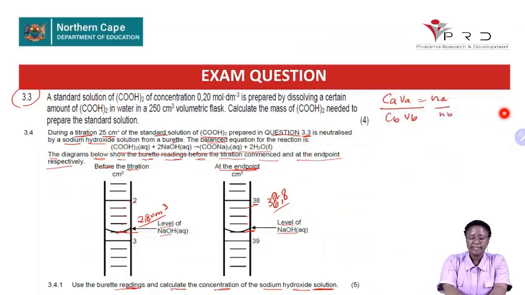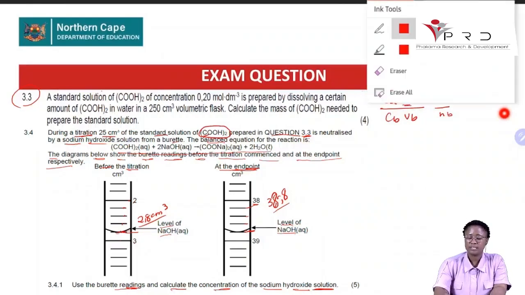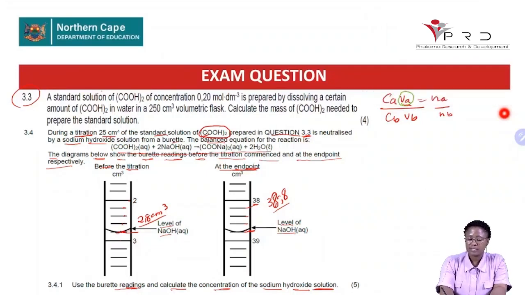Now let's quickly read the information that we are given and see if we can substitute. Here we are given the volume of the acid. During titration, we have 25 centimeter cubed of the standard solution of oxalic acid. The volume of the acid over here, we are given as 25 centimeter cubed.